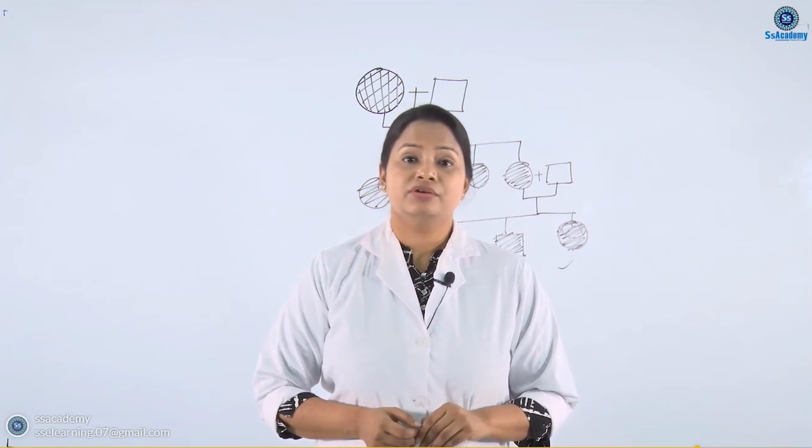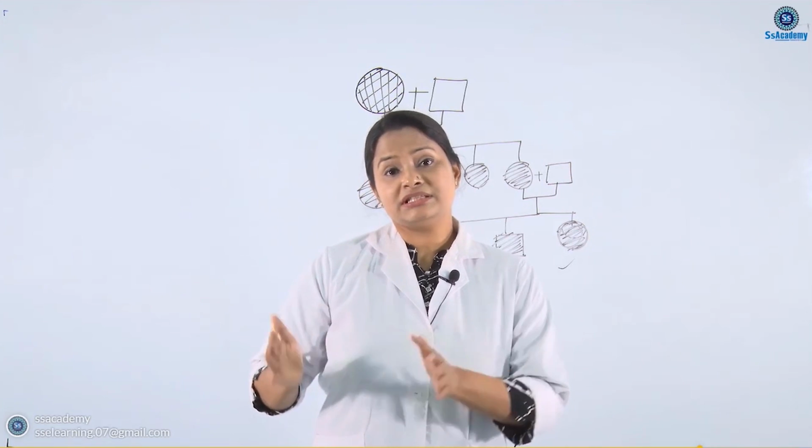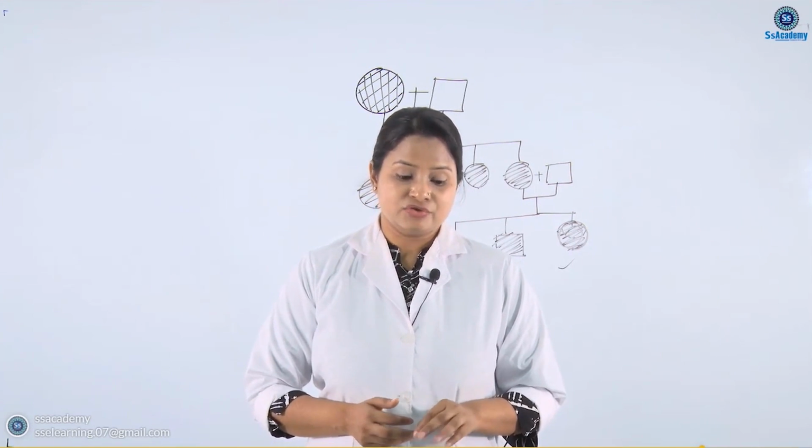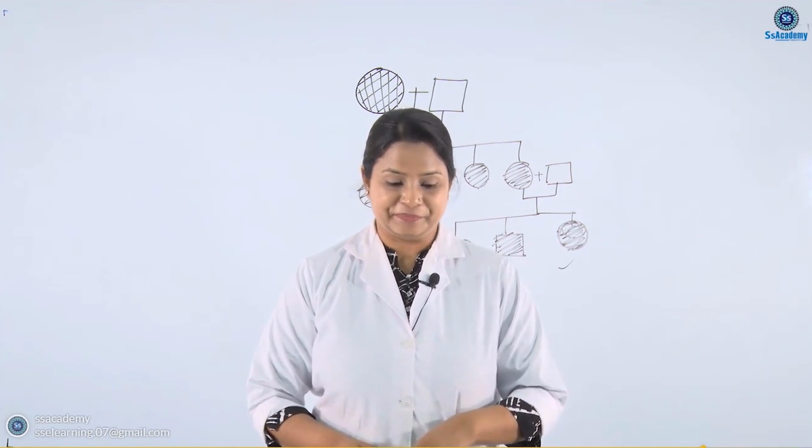So which is your diagnosis? Probably this is thalassemia, right? Suppose this type of question comes as a clinical question on thalassemia. So you have to remember and know the clinical features of thalassemia.